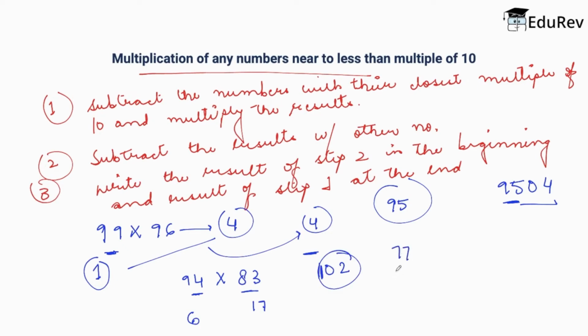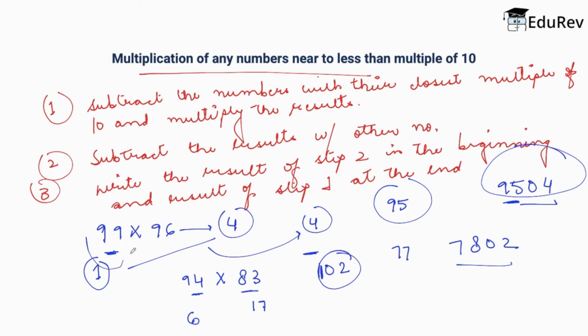Similarly, when I subtract 6 from 83, my answer again will be 77. So my number is going to be 77 and 102 added, so basically I will write 7802, in the same way I've written 9504.